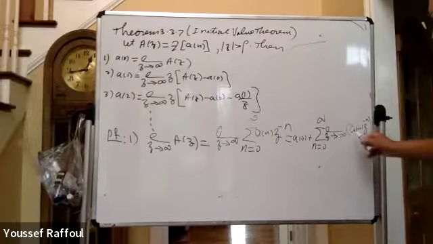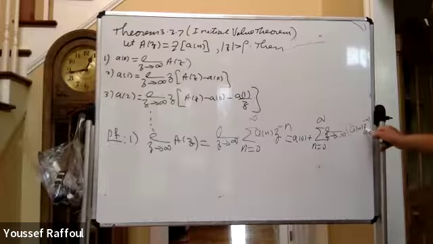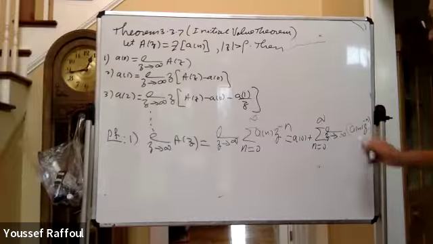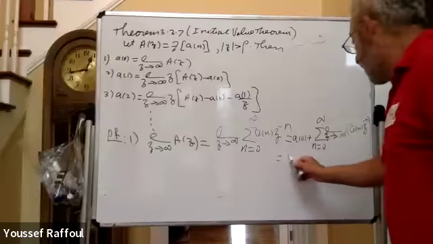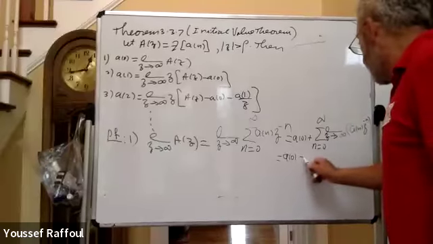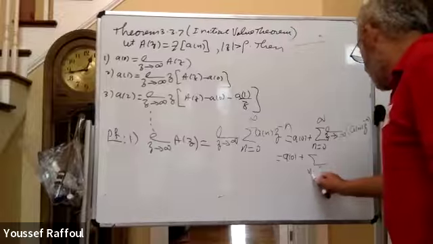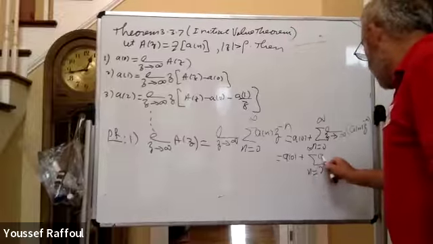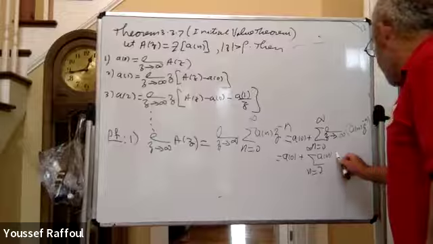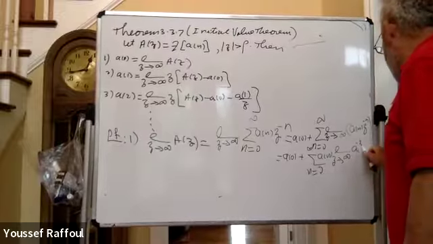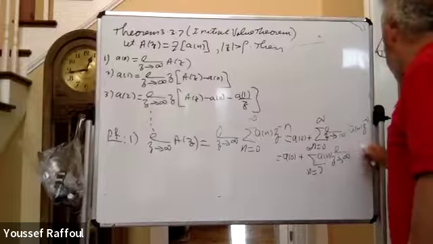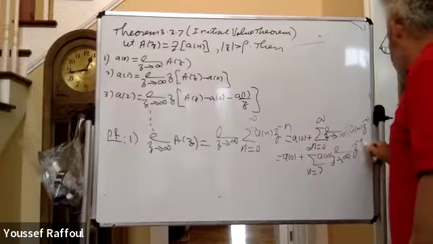So as Z goes to infinity, this series is finite, and this is going to be 0. So what I'm saying is, this is A0 plus the sum of A_n times the limit as Z goes to infinity of Z^(-n).